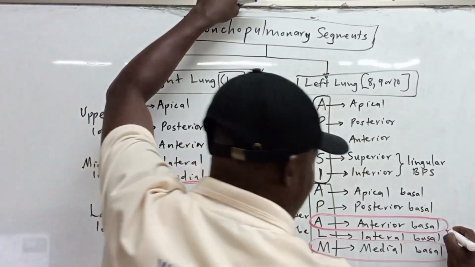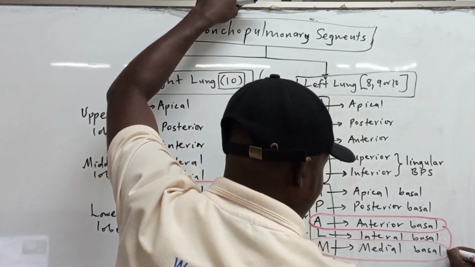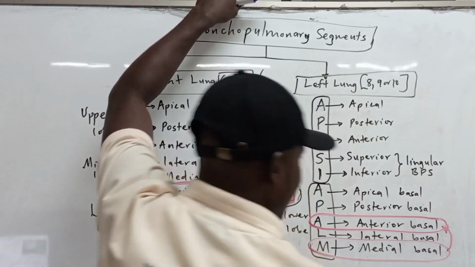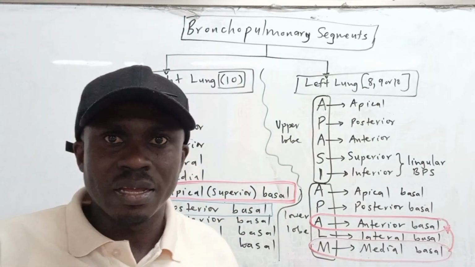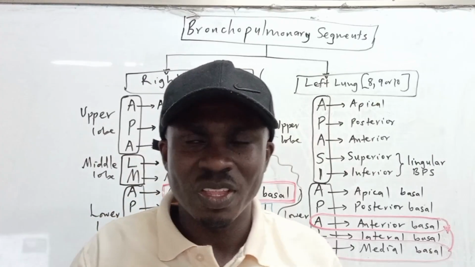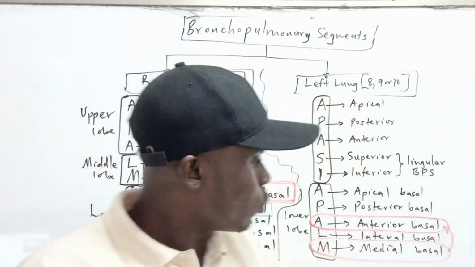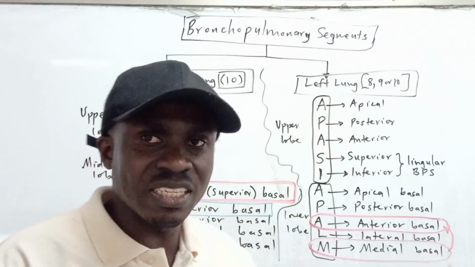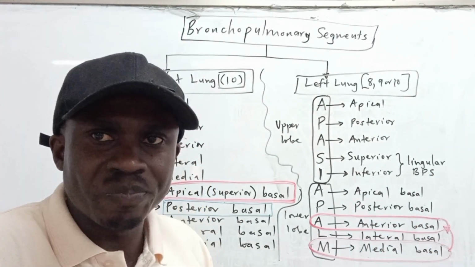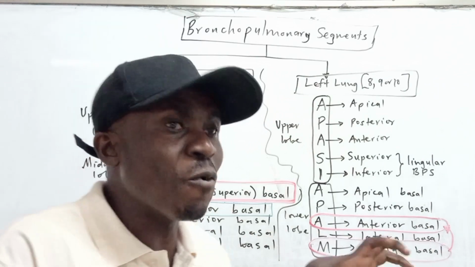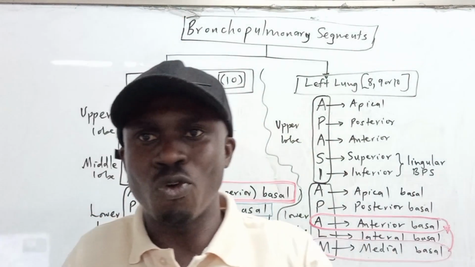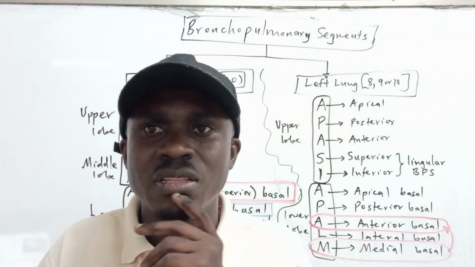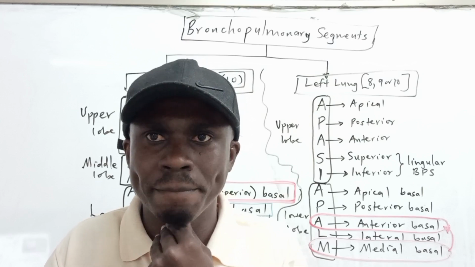So in most individuals, there's that kind of fusion of these two. And that is why sometimes in your reading, you may not see anterior basal, you may not see medial basal. They will simply combine them and talk about anteromedial bronchopulmonary segment in the case of the left lung.